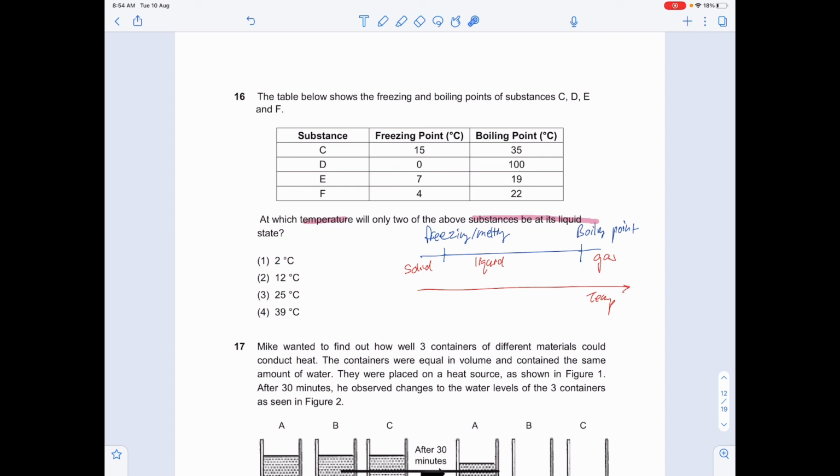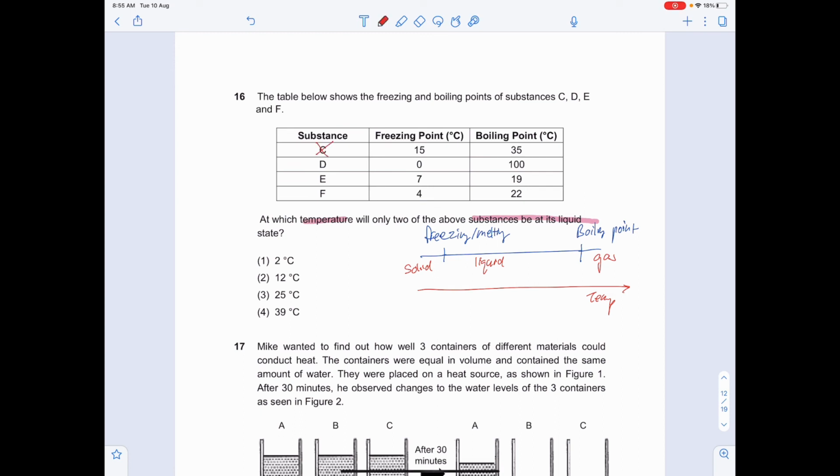So looking at that, I know that C at 2 degrees Celsius is not going to be a liquid. So I'm going to cross this out.